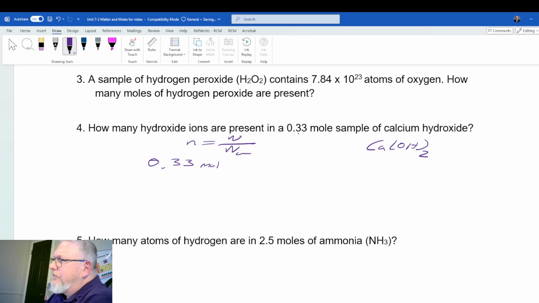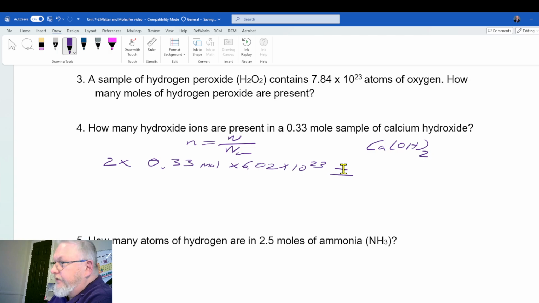I can also do that: if there's 2 moles for every 1 of that, I could do 0.66, but we're jumping ahead of the game. Let's do this: 2 times that, and that'd be times 6.02 times 10 to the 23rd hydroxide ions. Because I've got 2 there, I can pull that out and save a step. That's not bad.